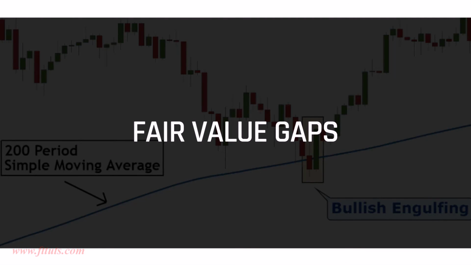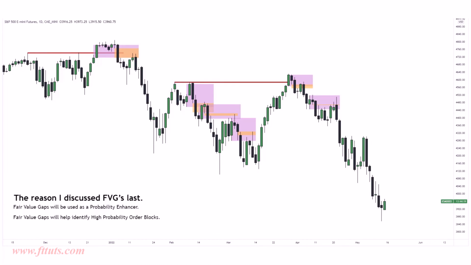So now let's talk about fair value gaps. And there's also a reason why I discussed fair value gaps last. Okay? And fair value gaps will be used as a probability enhancer.